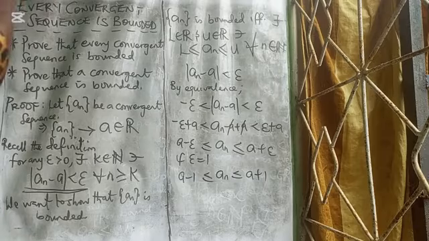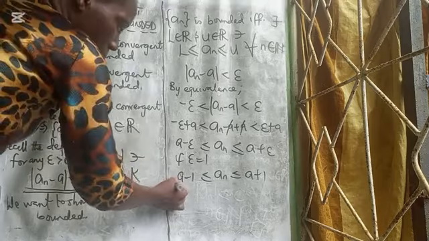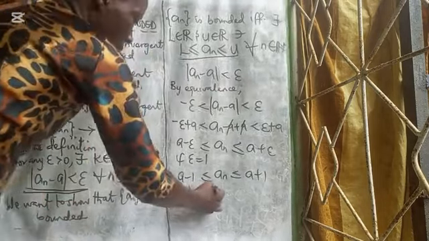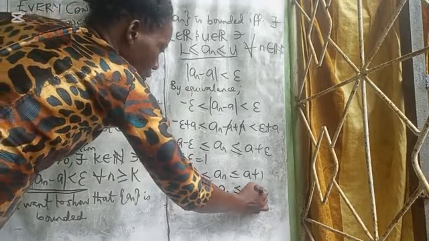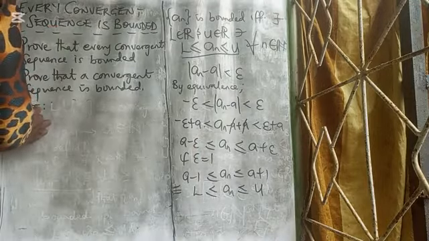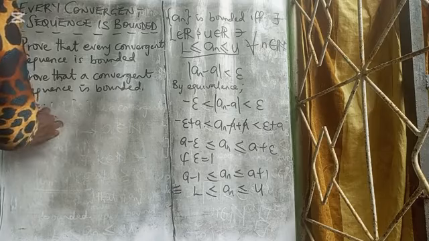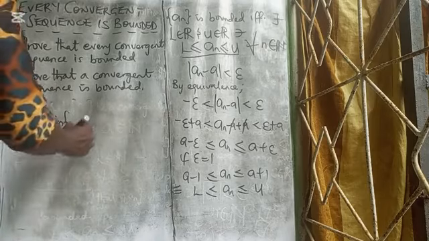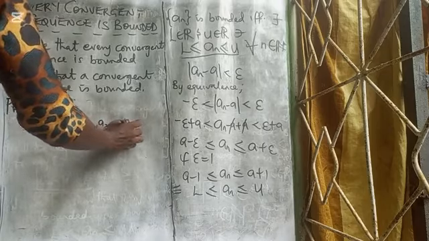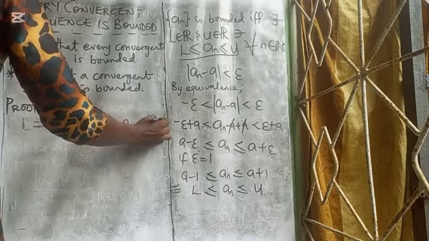Therefore, we compare this with the definition of bounded sequence, which we have here: L less than or equal to A sub n less than or equal to U. Therefore, we can define our lower bound for our sequence A sub n to be the minimum of all the terms in the sequence A1, A2, A3, down to AN, and down to A minus 1.